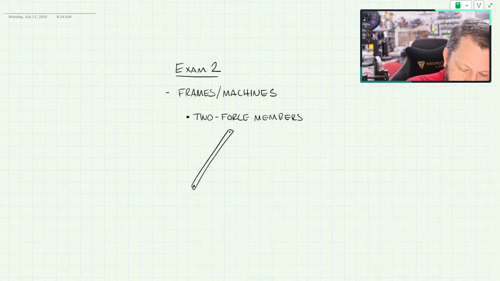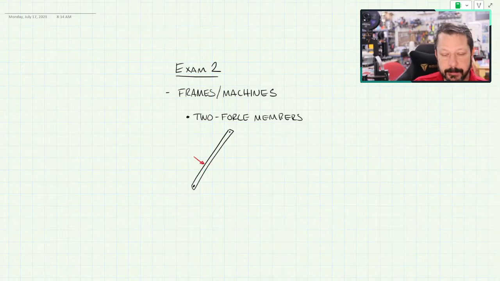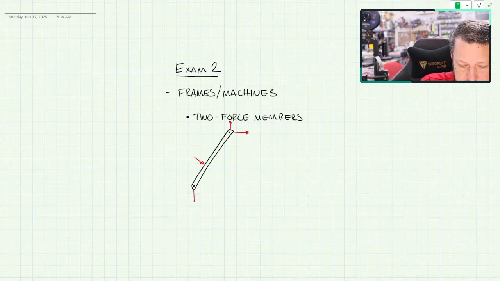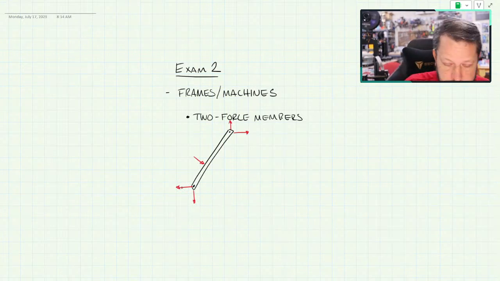Here's our generic non-2 force member. Maybe it's got a force applied over here, so it's not a 2 force member. And when you have that, you have to deal with all of these reactions just like they're pin reactions. Those black dots are pins in my diagram here. So that would not be a 2 force member.